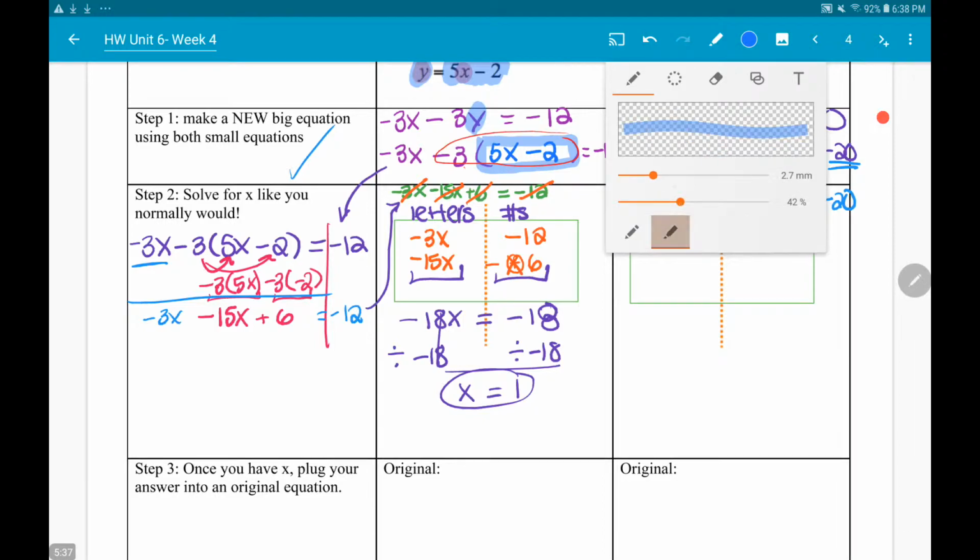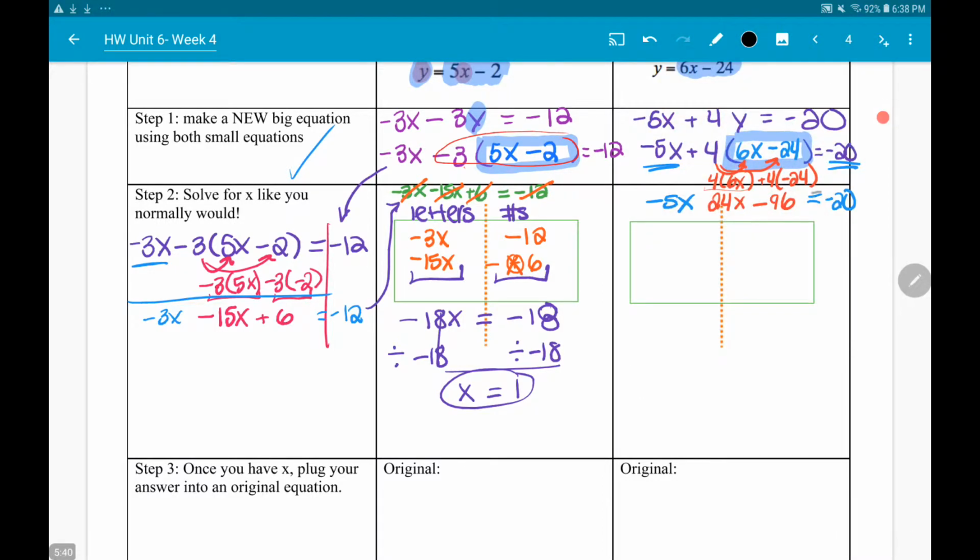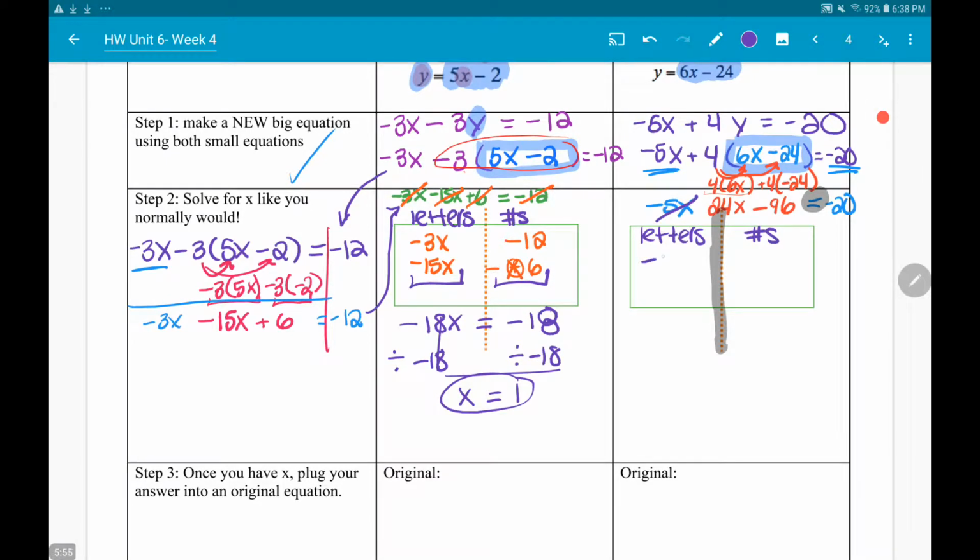All right, so I'm just going to highlight my equal sign so that I don't forget that this is my line, since I'm not really lined up. All right, so I have my letters and numbers. So for letters, I have negative 5x and 24x. Then I have negative 96, but I need to change that one. And negative 20 stays.